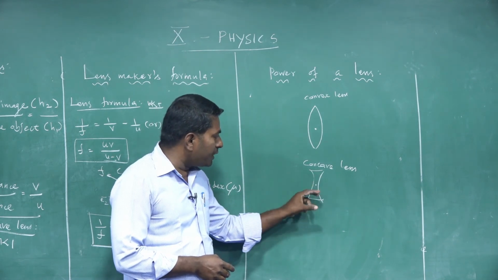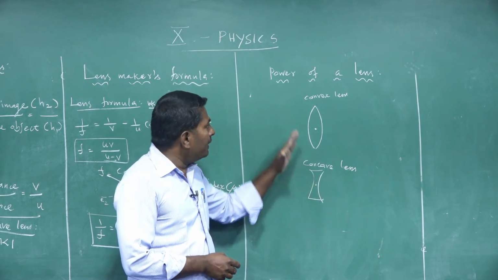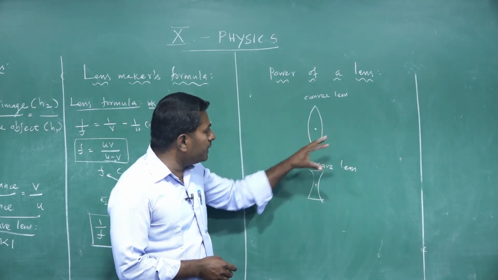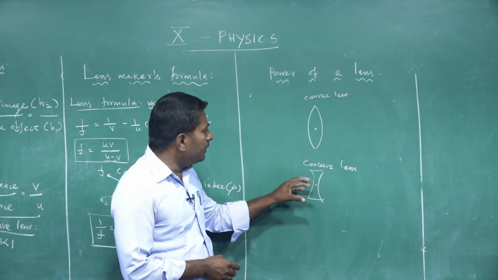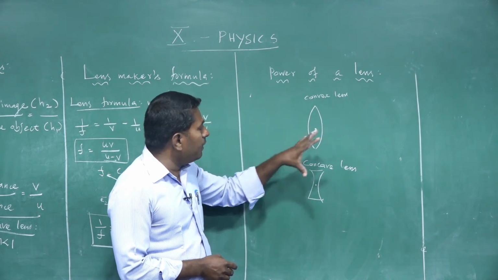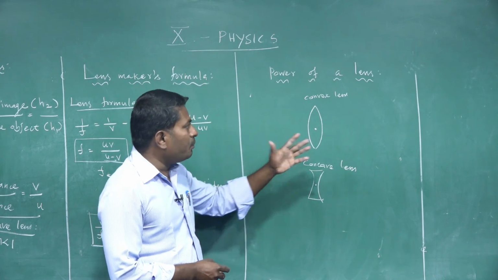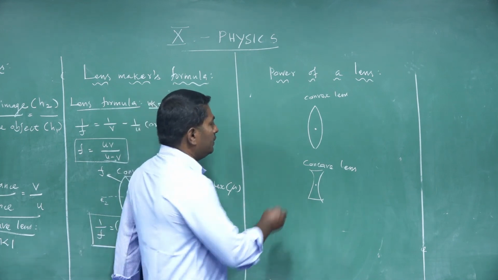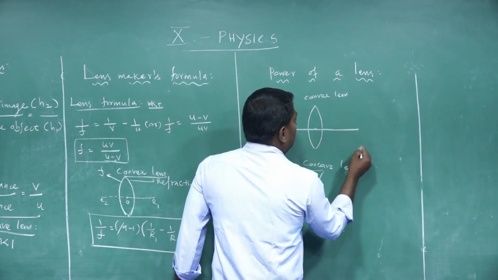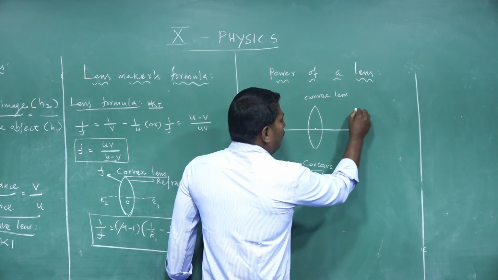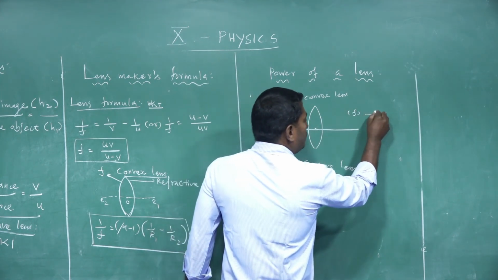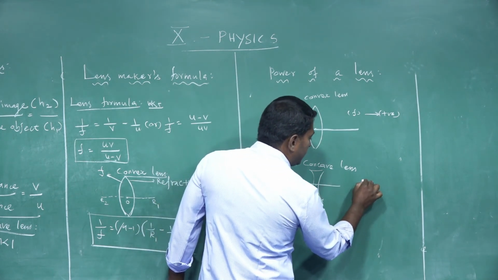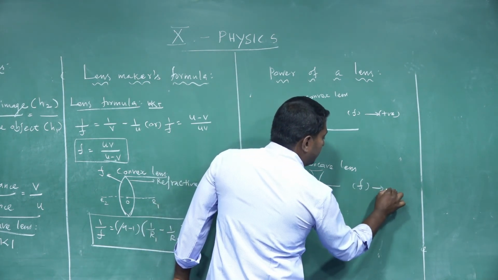A concave lens diverges the light rays after refraction. Numerically, the power of a lens is equal to the reciprocal of its focal length. The focal length of a convex lens is taken as positive. The focal length of a concave lens is taken as negative.